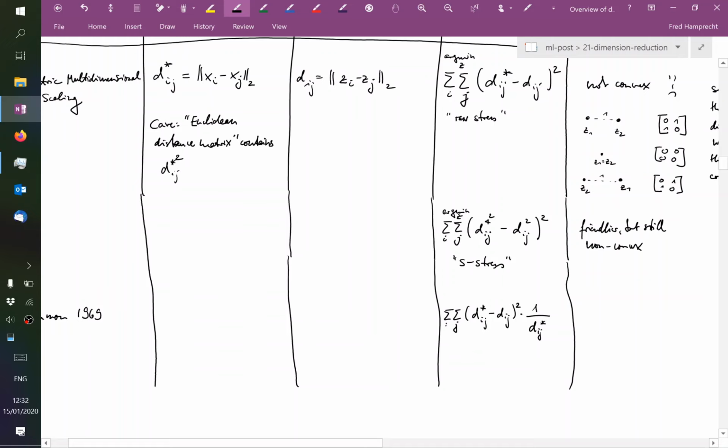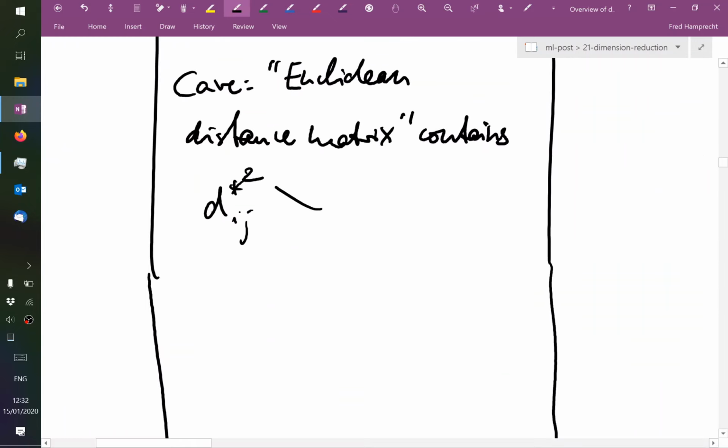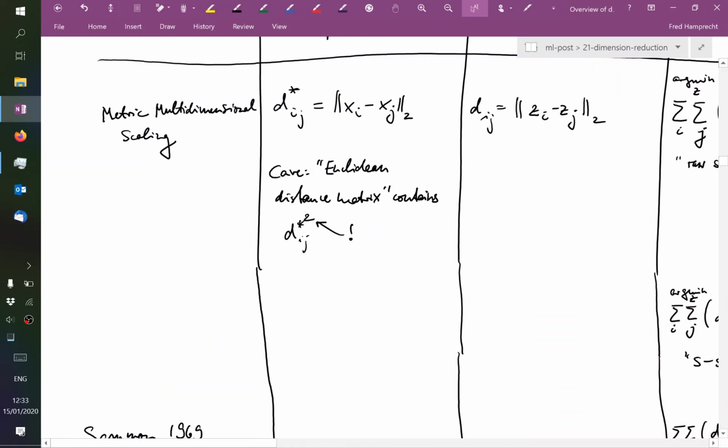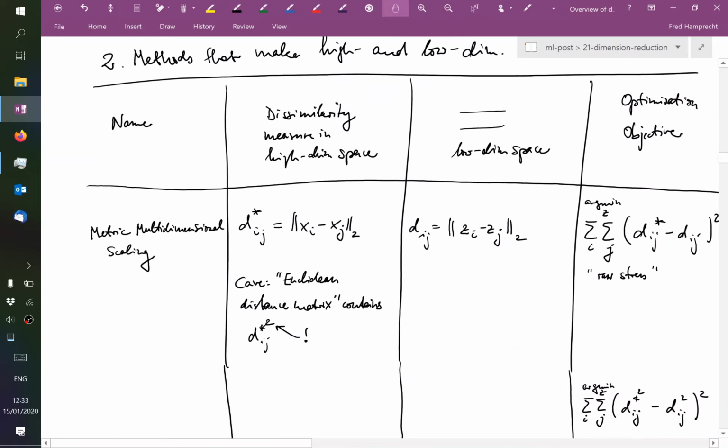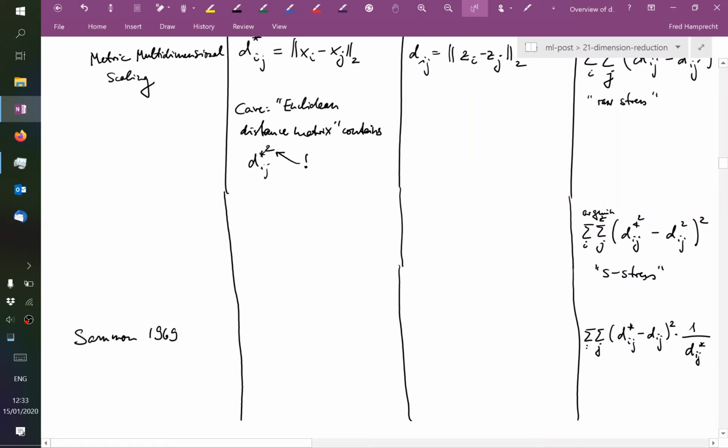It doesn't make sense semantically, but that's the power of tradition. And accordingly, I'm also not totally sure, honestly, if Sammon uses now the D or the D squared here.